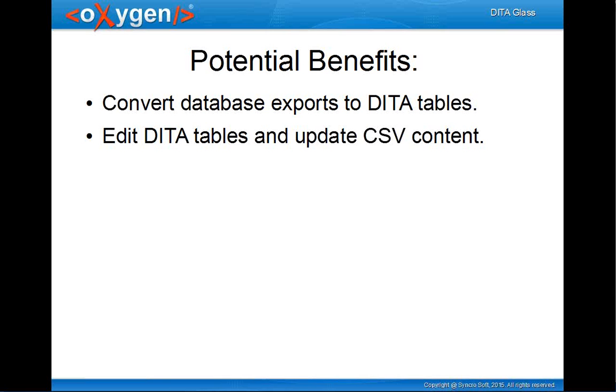So if you have database exports as comma separated values, you can view them as data tables and include them in your existing publications. And also, if you implement reverse processors, in this case we had a reverse processor which was able to interpret the data topic and go back to the comma separated value file and update it when I saved the topic.